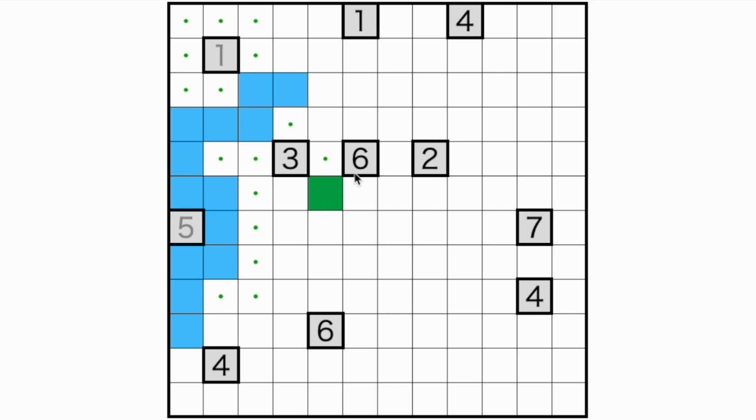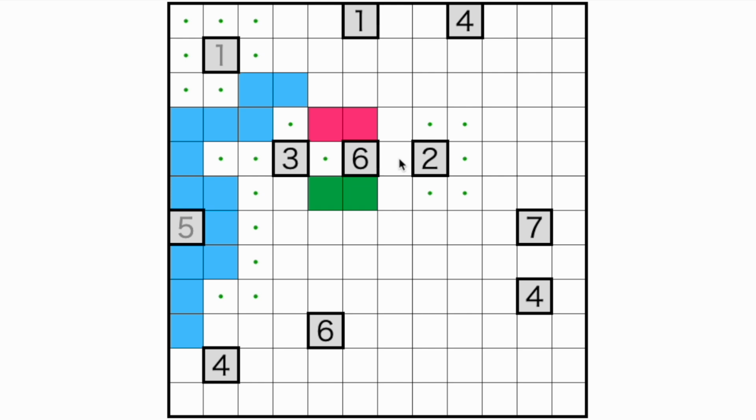So these 6 need to come from these 4 and 2 of these, and this 2 clue then is already taken care of by this, so these are all unshaded. That's very much Minesweeper logic going on right there.